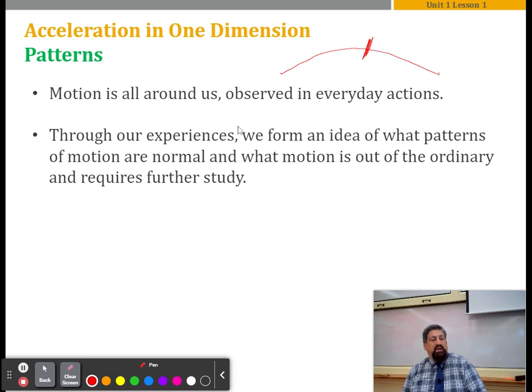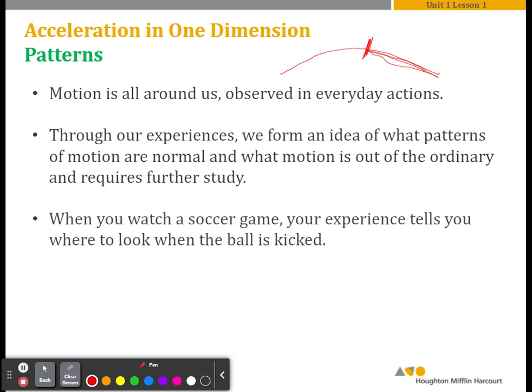But because we are used to identifying patterns, we were able to predict that the ski jumper would continue to follow this parabolic path until he landed on the ground. If you were to watch a soccer game, if you saw somebody kick the ball, you would know in which direction the ball was going and what kind of path it might follow.